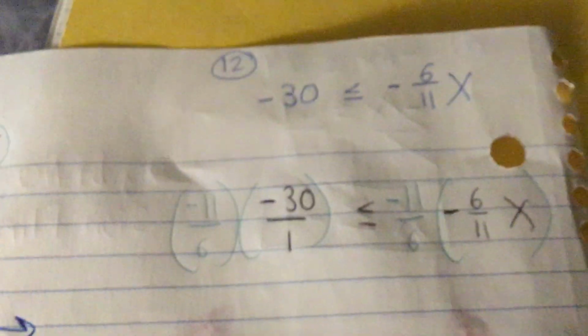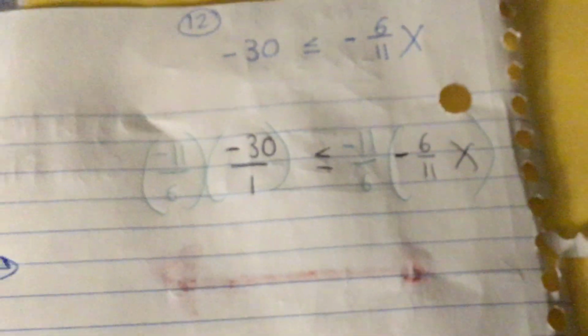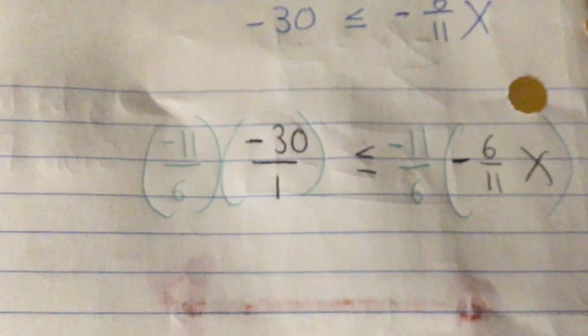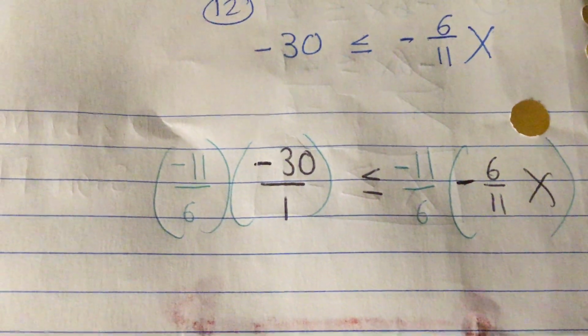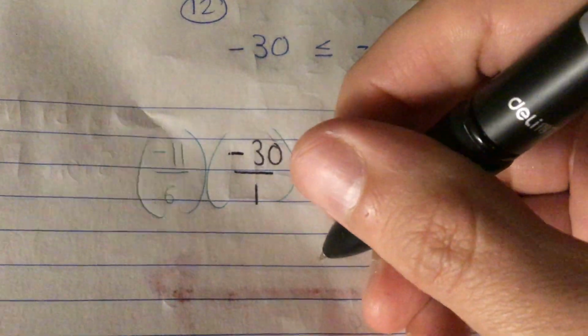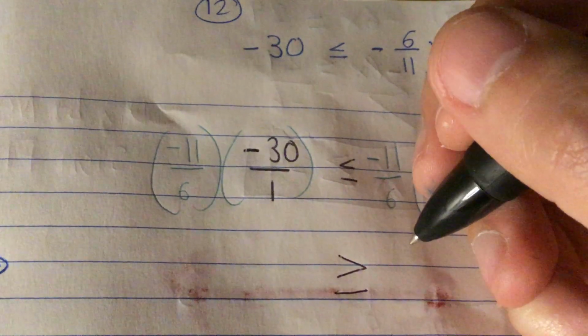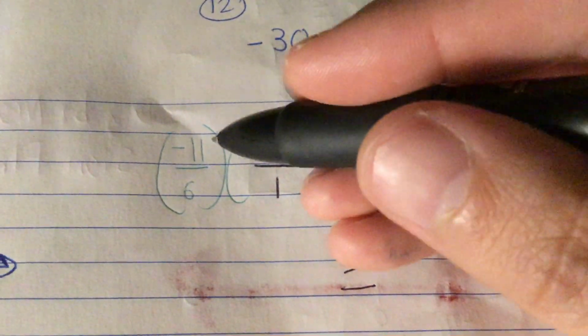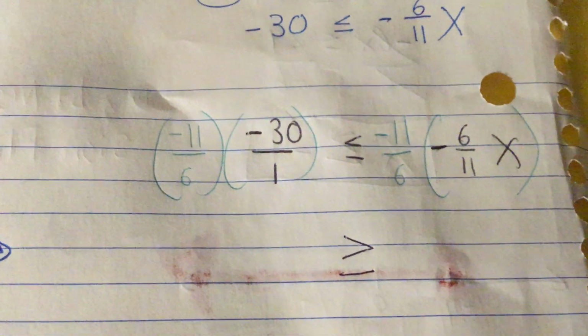There we go. So now, what did I do? I multiplied both sides by a negative number, so this sign needs to flip to be greater than or equal to. Now that I've got negative times negative, that makes a positive.